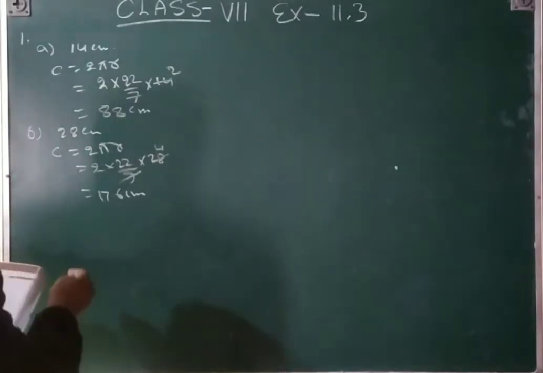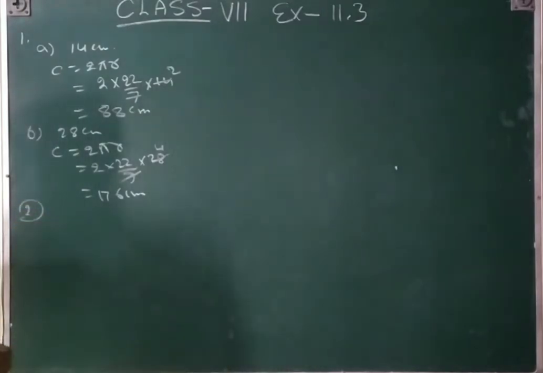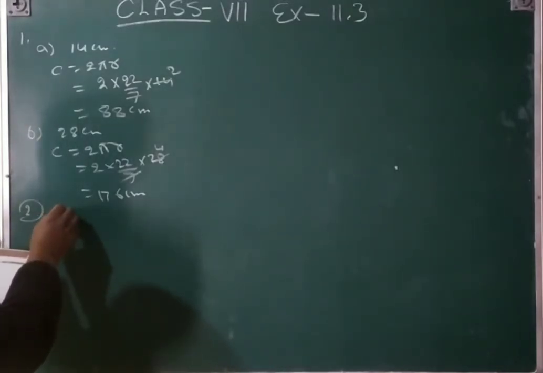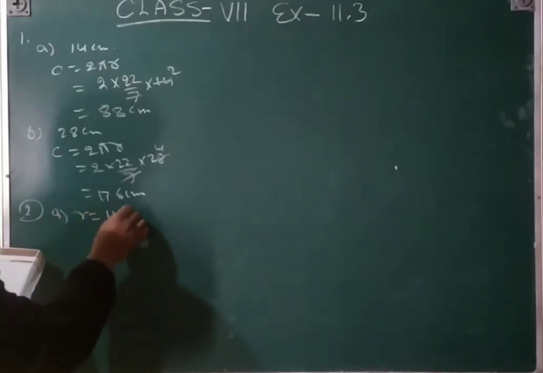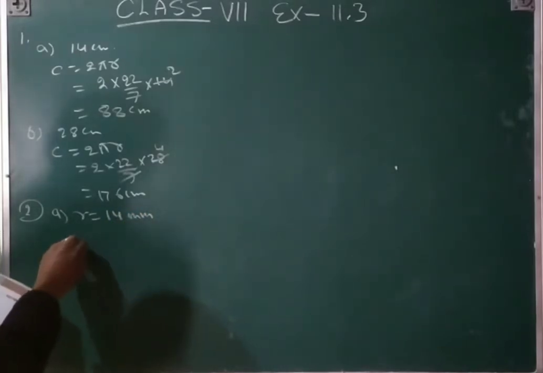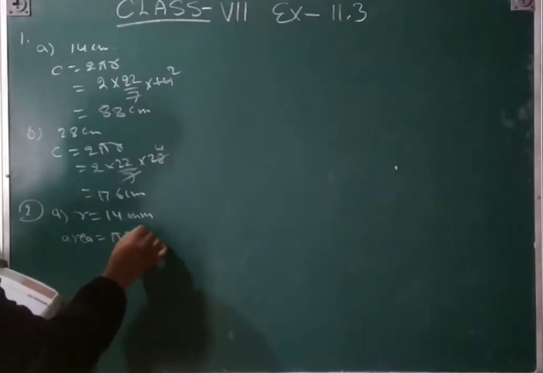And then the second question. Now find the area of the following circle, given the radius. Part A, r is equal to 14 millimeter. So area is equal to, the formula is pi r square.